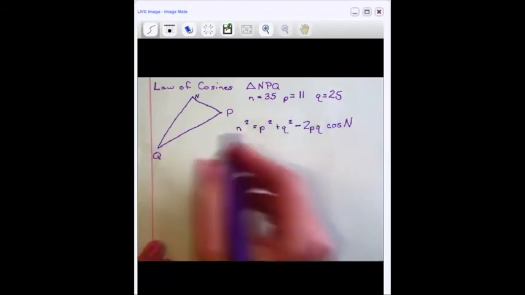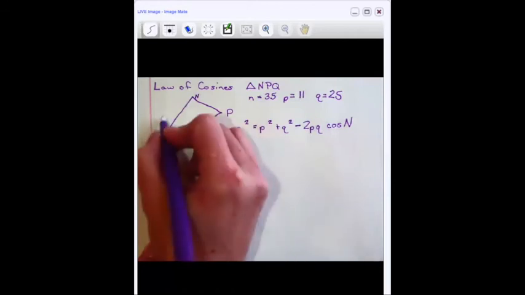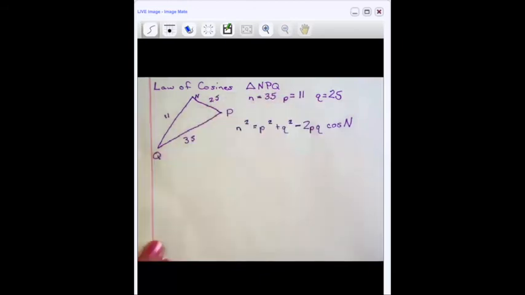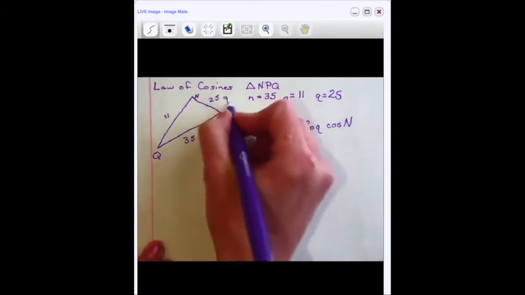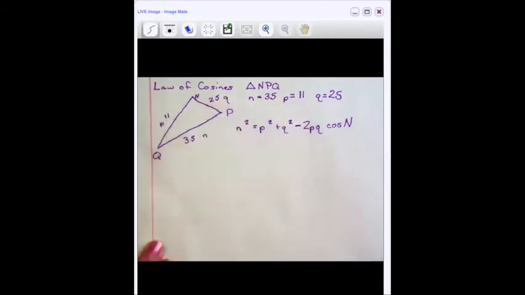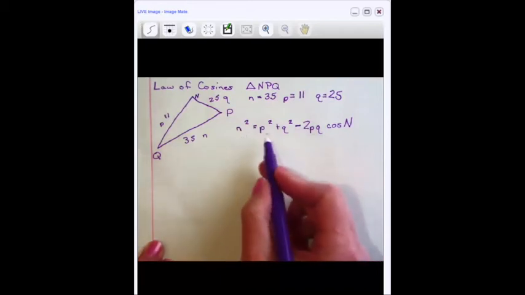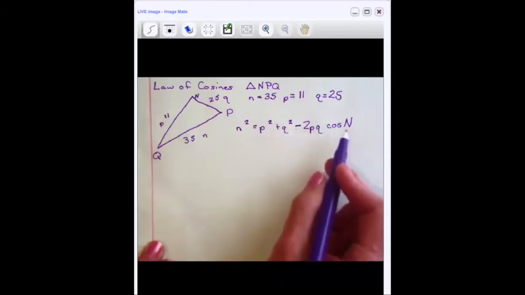So let's go ahead and work this out. So this is going to be 35. Again, this is not at all obviously drawn to scale, but just so that we can get an idea of where those are located. So side N, side Q, and side P would fall in those locations. So let's fill in what we know. We know all of the lowercase letters, we know all of the sides, and we're looking for that angle that's right there.